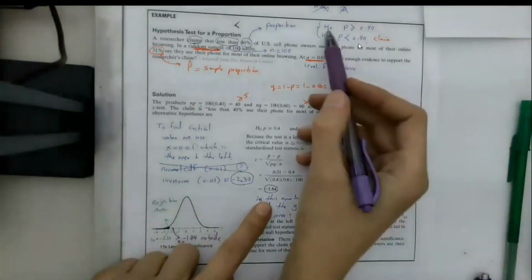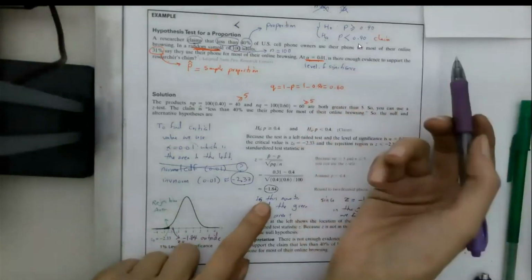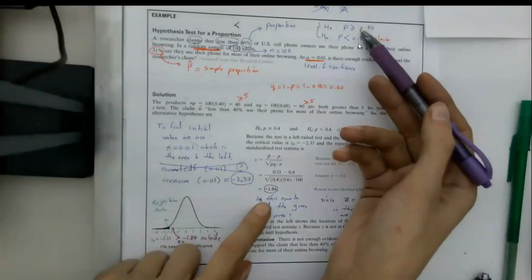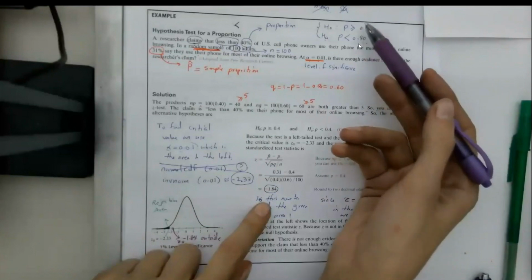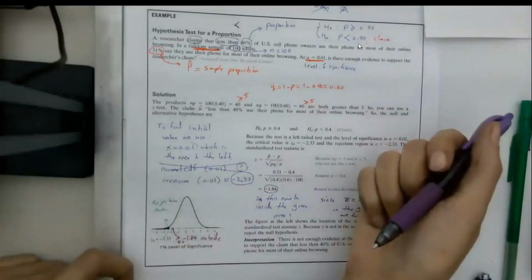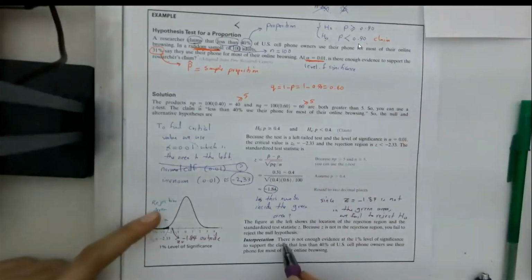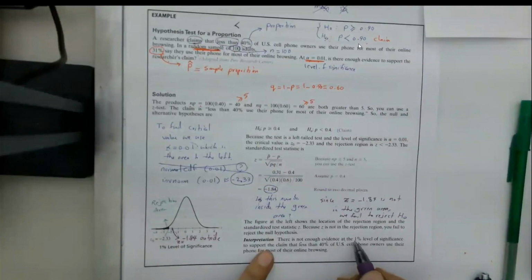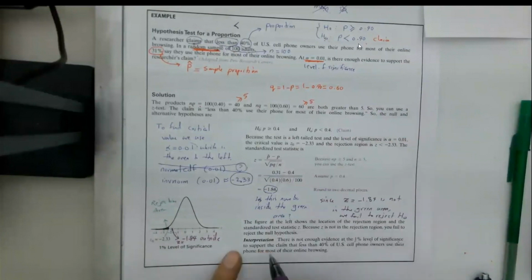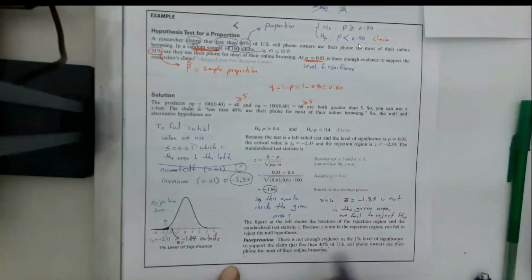Unofficially, we can say that we are supporting our null hypothesis. What's the meaning of that? There is not enough evidence at the 1% level of significance to support the claim that less than 40% of US cell phone owners use their phone for most of their online browsing.